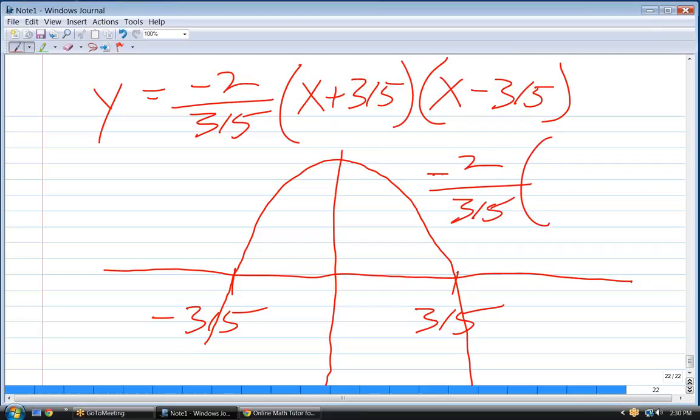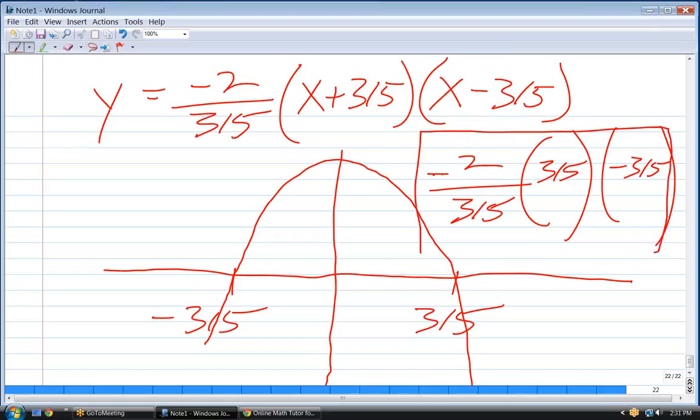Well, that's 315. That's minus 315. What's a quick way to come up with that answer without a calculator? Well, let's try to simplify it.